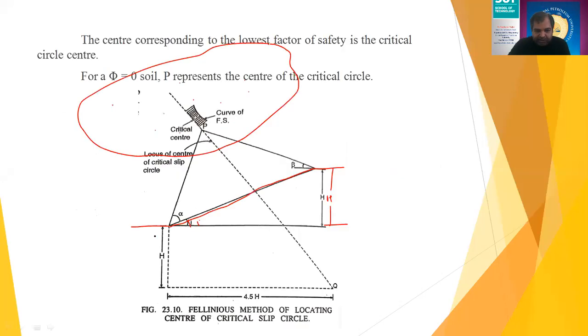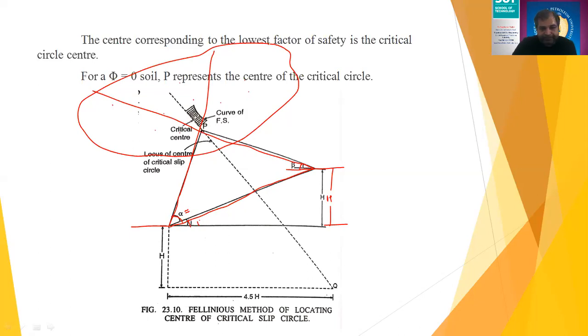I will use this and draw for that particular slope. I'm taking the value of alpha corresponding to the slope. If my slope is 1:1.5, then I will take the value of alpha correspondingly and draw this line in this way. Then the beta, please remember that this beta is measured from the horizontal, while the alpha is measured from the slope line, right? So I will find the value of beta here and draw this line which cuts at some place, right? Like this.